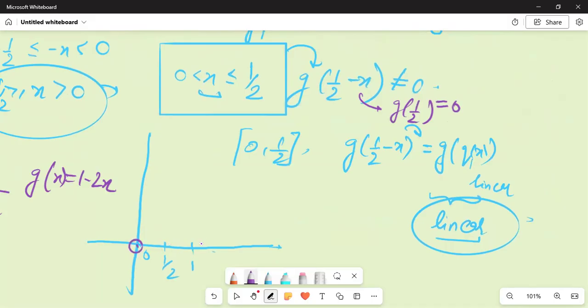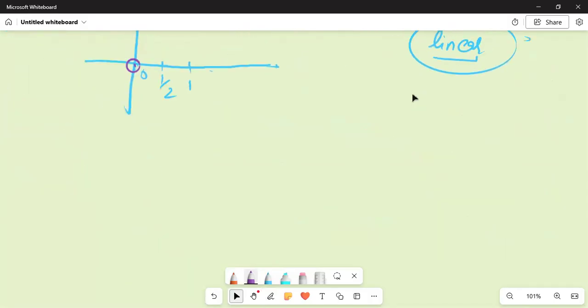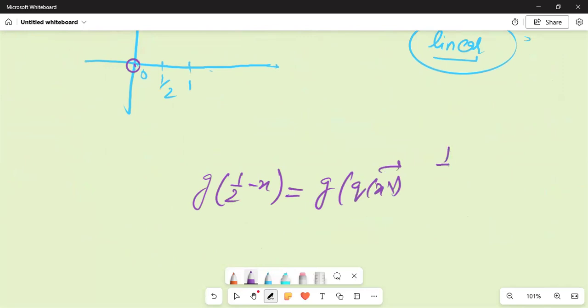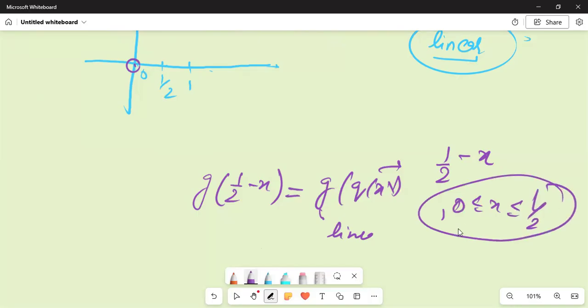What about half? Again, I said that the composition of linear functions is a linear function, and g(1/2 - x) is the composition of the function g with q. This is a linear function because it is given by 1/2 - x, and this is also a linear function. We are talking only about the points of this domain because this is where it is actually showing some value, otherwise it is 0.